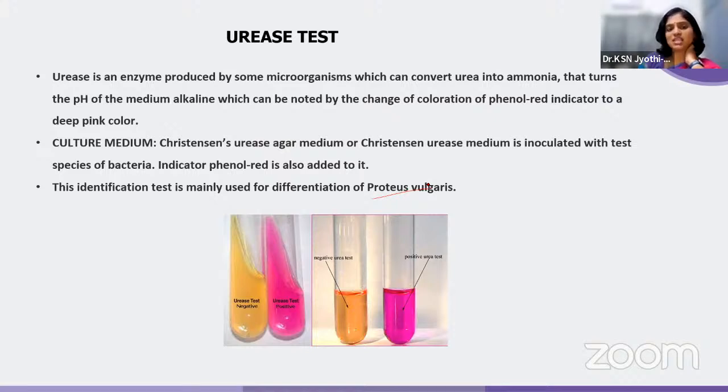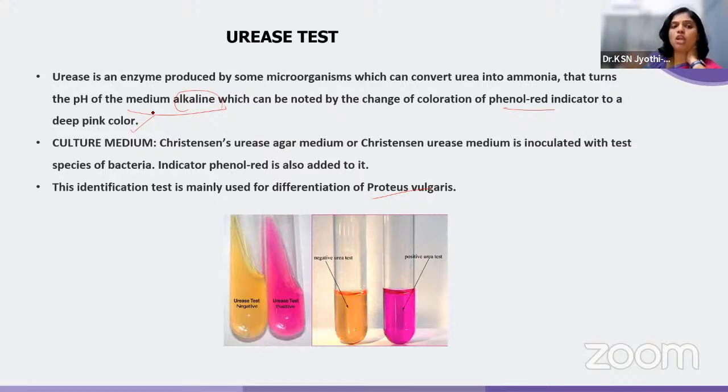Urease is an enzyme that is produced by microorganisms. They convert urea into ammonia. Whenever there is a release of ammonia, there is a change in the pH. The medium turns alkaline because of the production of ammonia, and the phenol red indicator changes to deep pink color.